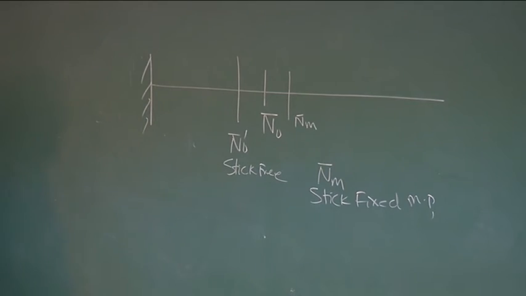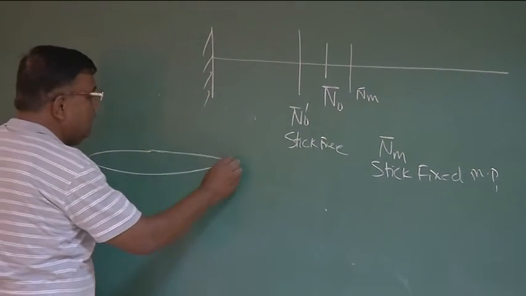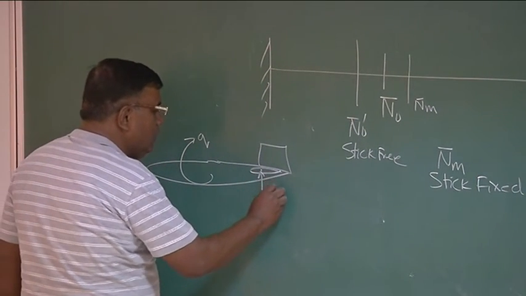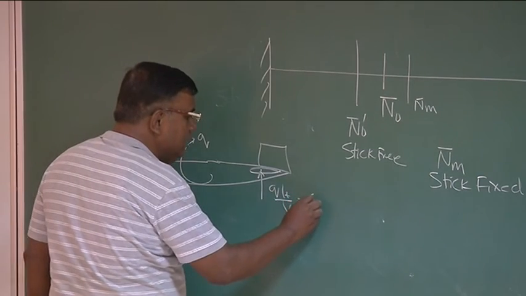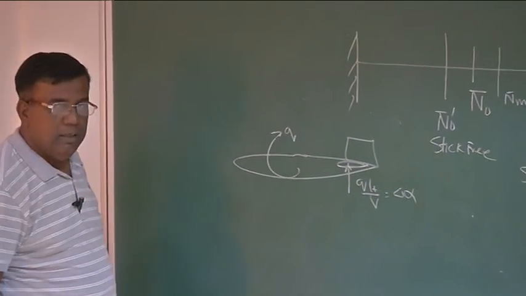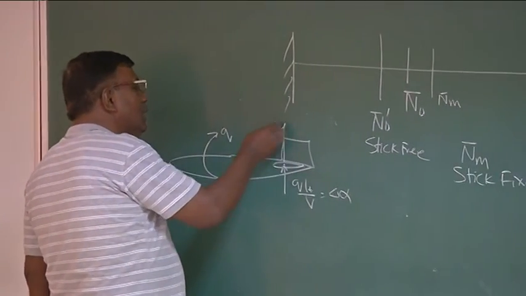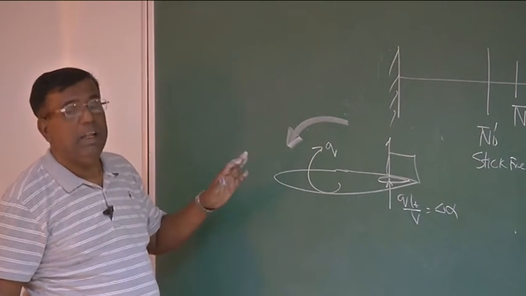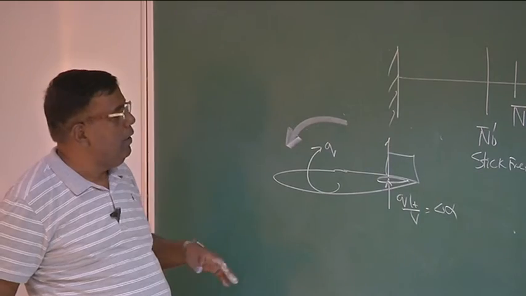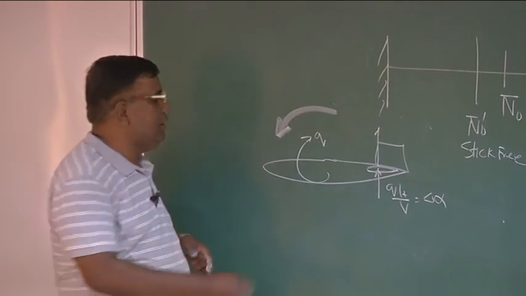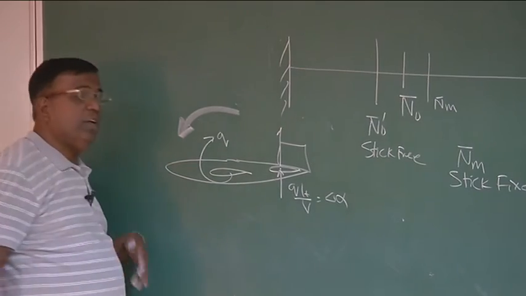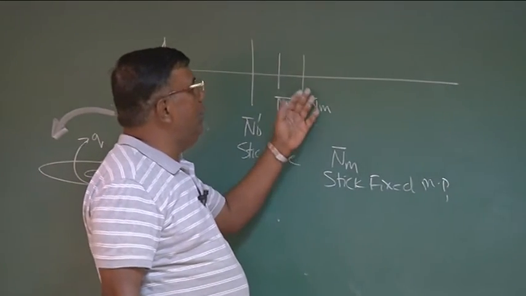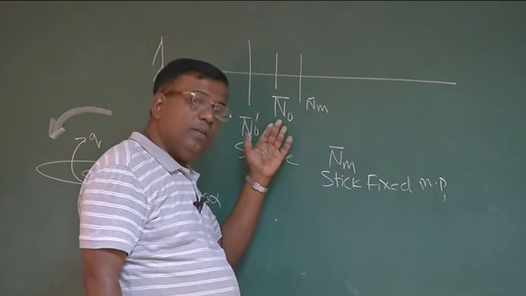Because we have seen as the airplane goes for a maneuver, just a pitch rate Q, then there is a QLT by V, this much of angle of attack roughly gets induced, and that gives a force here, and that gives a nose down moment which tries to restore, a stabilizing tendency. Strictly it's damping in nature. So in our sense we say this aircraft tends to have more stability during maneuver, and that is why the Nm stick fixed maneuvering point is behind the stick fixed neutral point.